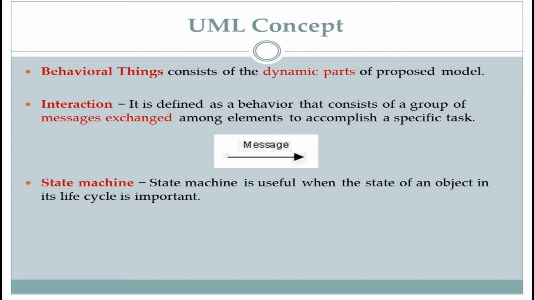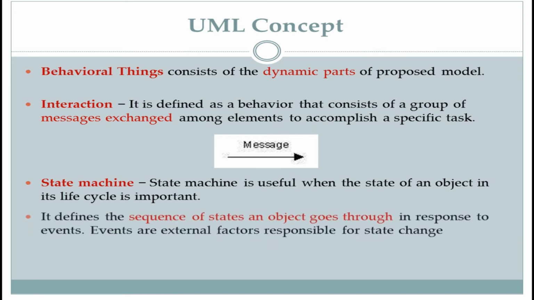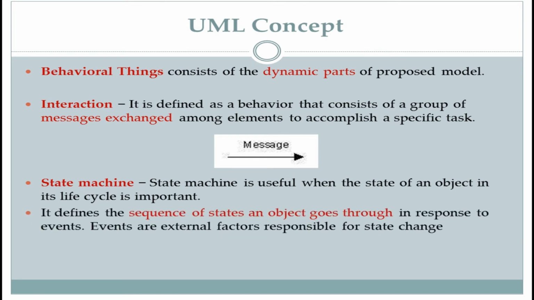Another thing in the behavioral thing category is state machine. State machine is useful when the state of an object in its life cycle is important. The state machine defines the sequence of states an object goes through in response to an event.